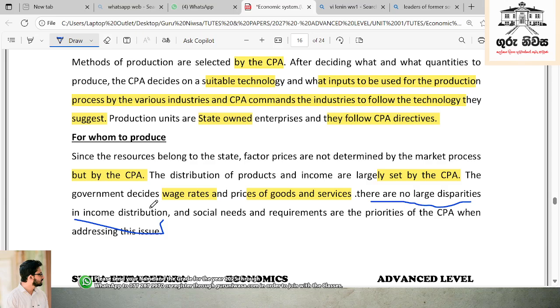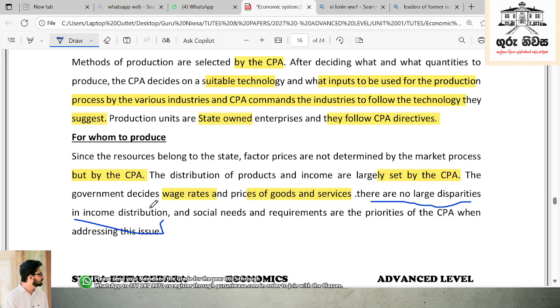There should be some differences in wages and income. There should be some disparities in income distribution, but it's not like the market system.